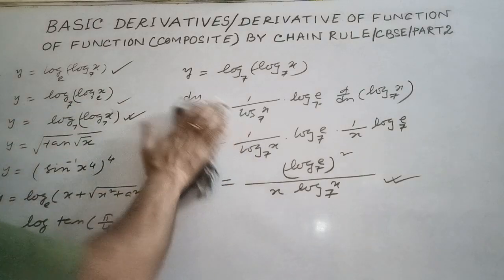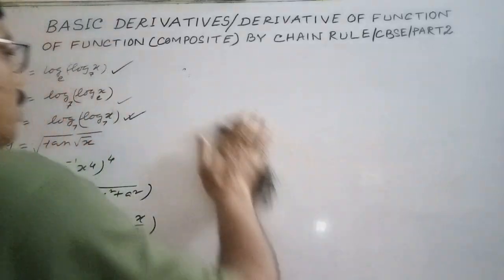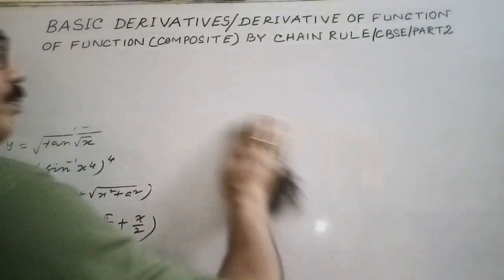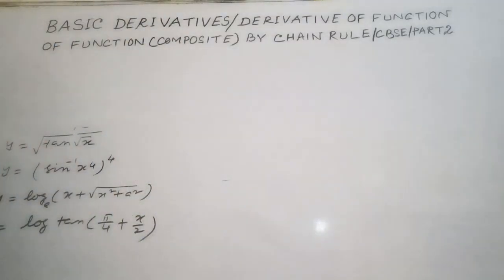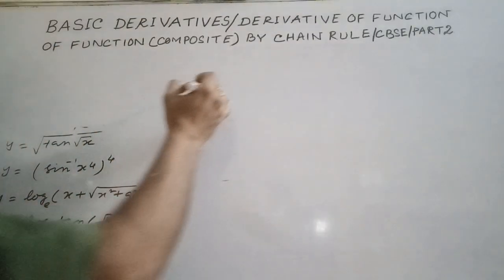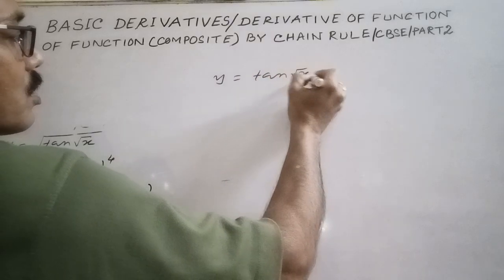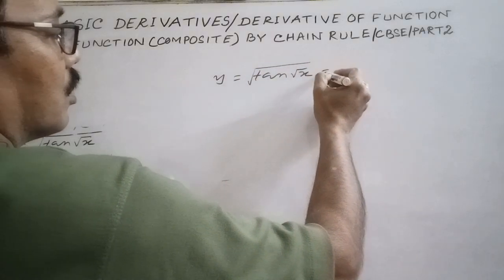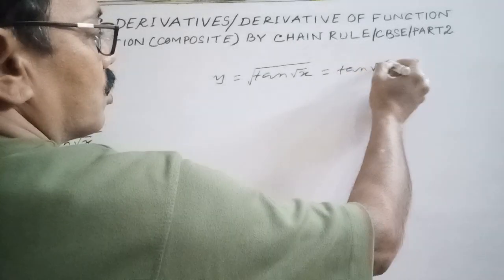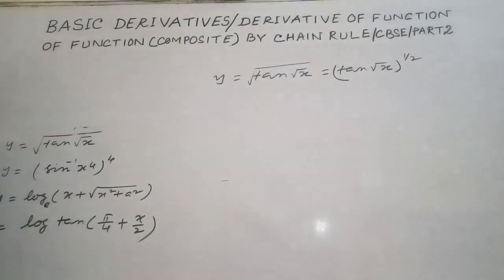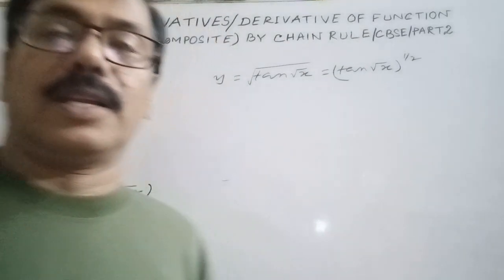Now problem number 4. So y equals tan of root x, so tan of root x whole to the power half. So what is our main function?